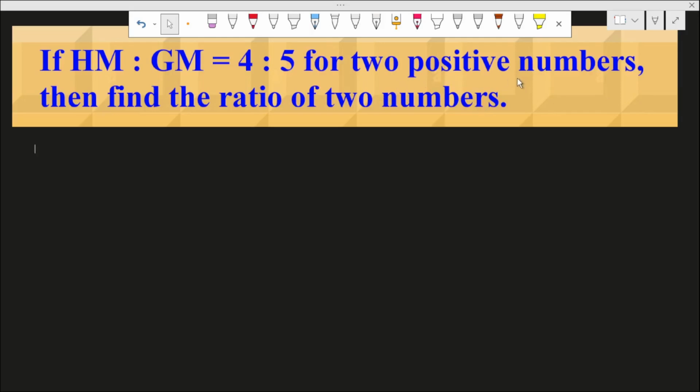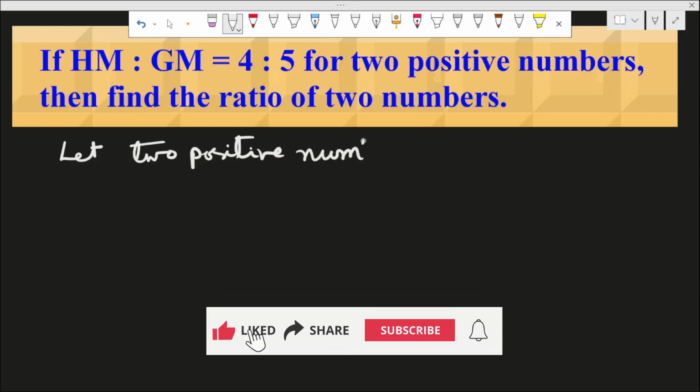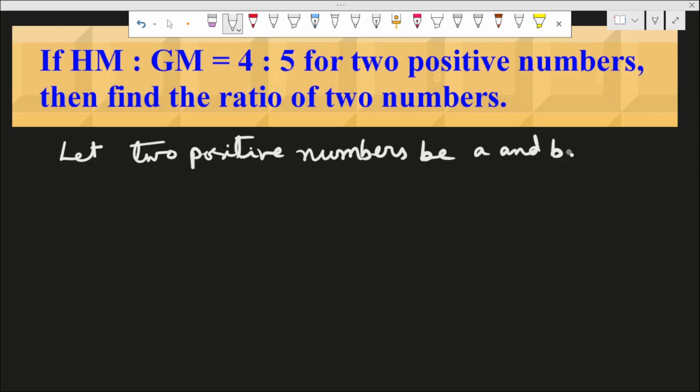Here the two positive numbers are not given, so first let the two positive numbers be A and B. HM means harmonic mean of the two numbers A and B. GM means geometric mean of the two numbers A and B. Here two numbers means two positive numbers.